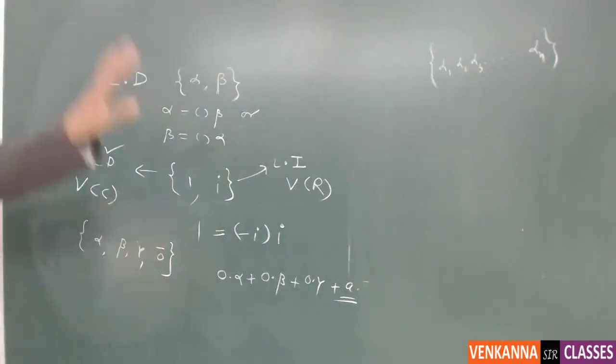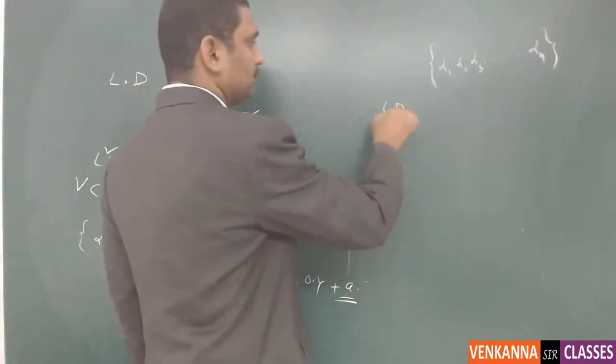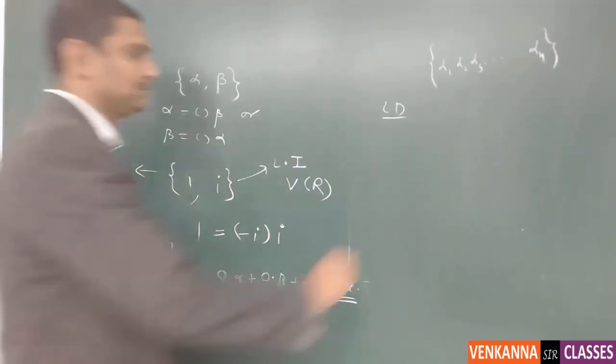Now, if this set is LD, then you can find at least one vector in that set which is a linear combination of the preceding vectors.